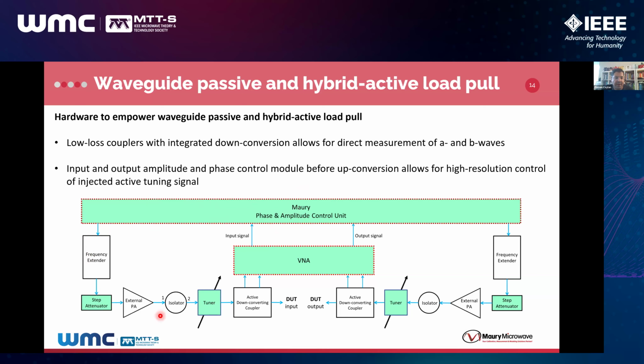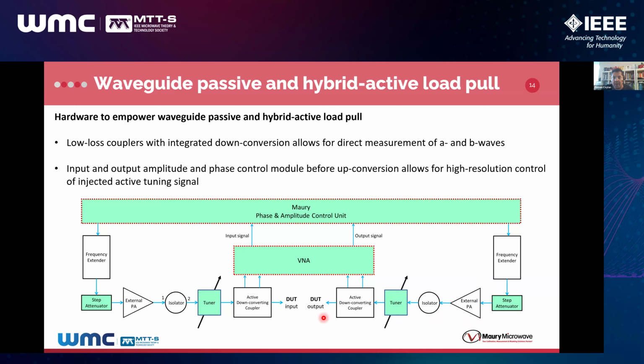So then it can apply active load pull. So in this case, you don't have to use a tuner, but again, we recommend using a tuner for pre-matching. But same system can be used only for passive load pull or hybrid load pull like this. The advantage here, you can pick any power amplifier to close your contour.